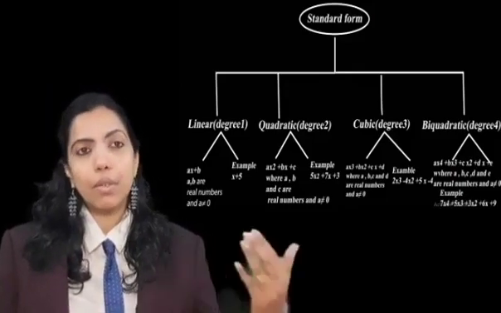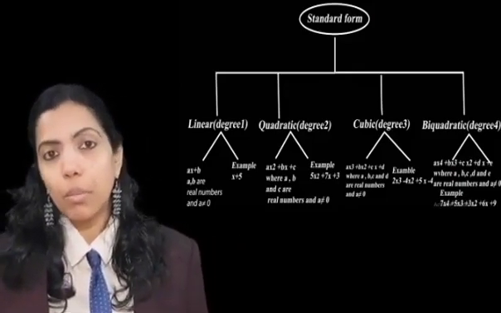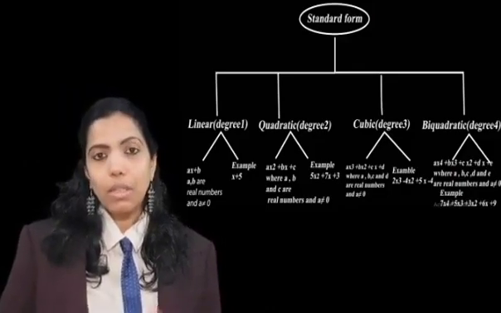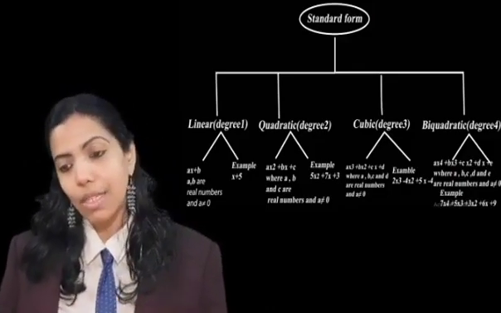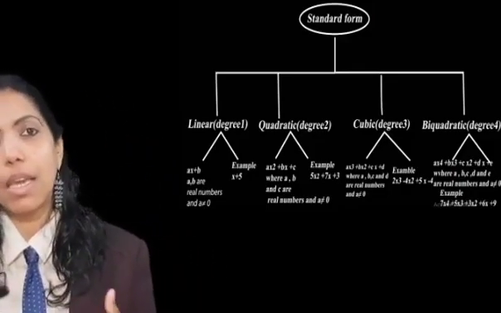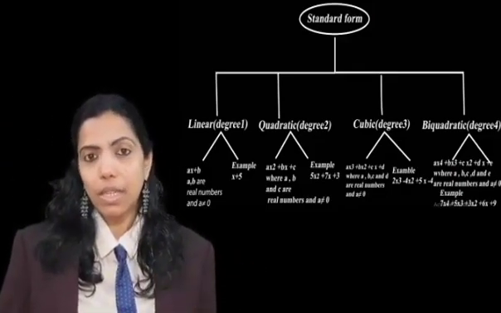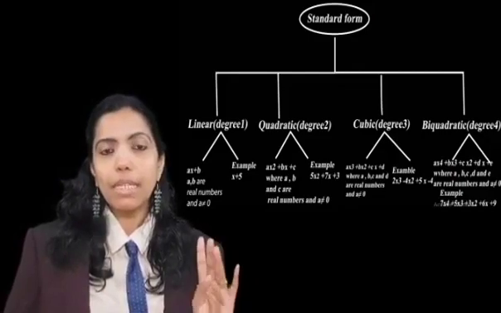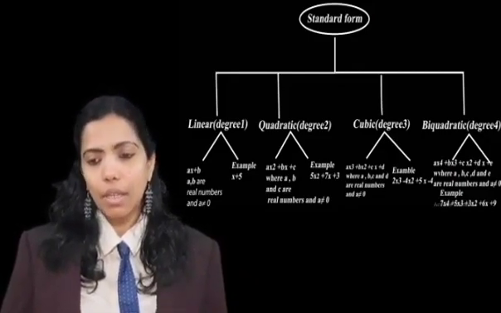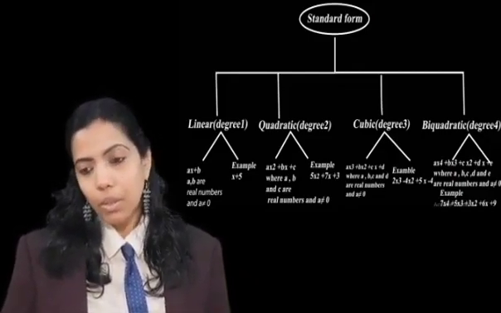Now it is the turn of the cubic polynomial. Cubic means the degree is 3. So how does it come? ax to the power 3 plus bx square plus cx plus d, where a, b, c and d are real numbers and a not equal to 0.